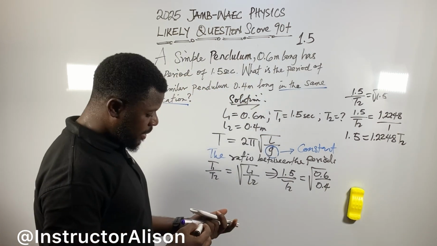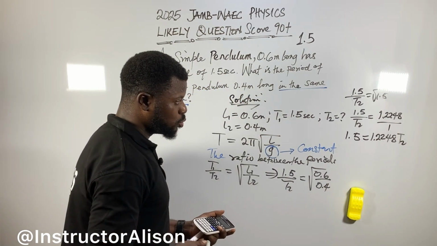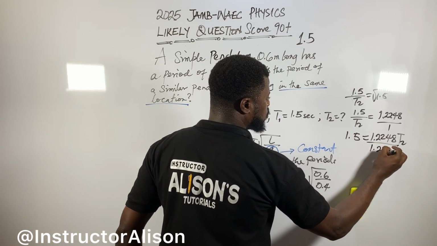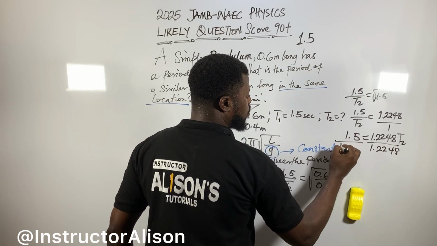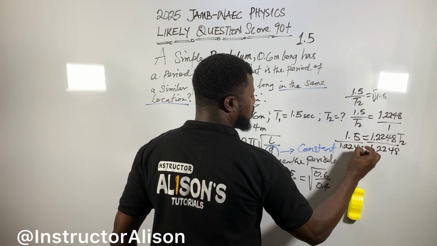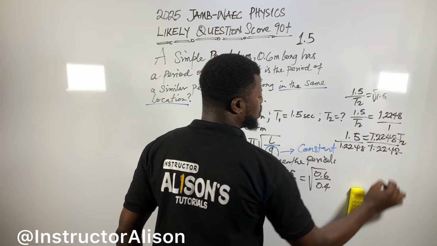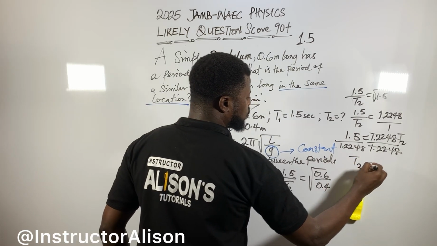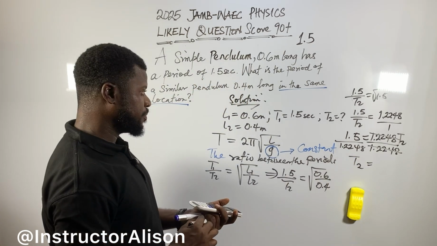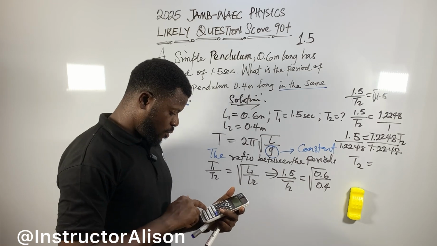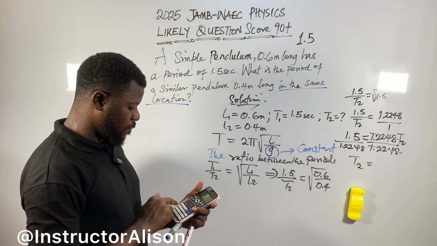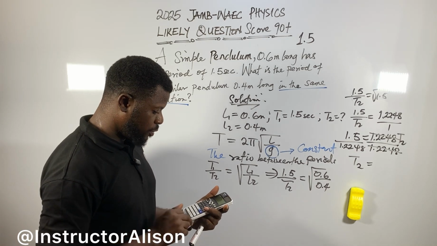Since you are finding T2, you divide both sides by this coefficient, 1.2248 over 1.2248. This one and this one cancel out. T2 will remain equal to 1.5 divided by 1.2248.